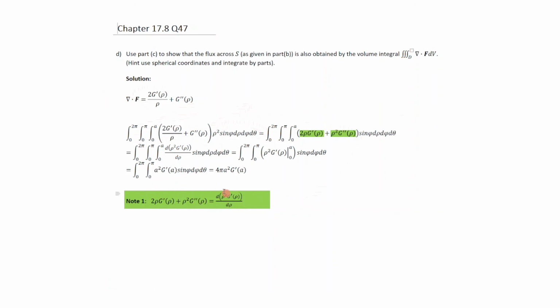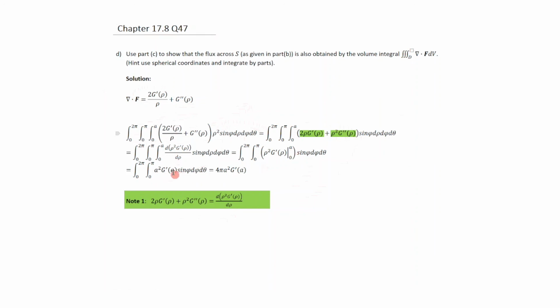If I take the derivative with respect to rho of this, first take the derivative of rho squared, which is 2 rho g prime, and then rho squared comes out, and the derivative of g prime with respect to rho is just g double prime. That's the second derivative with respect to rho. So this can be replaced by that, and this is what I've done here. I just introduced this expression. This is just the derivative of something with respect to rho, which means it's just rho squared g prime of rho evaluated between the upper bound a and 0.